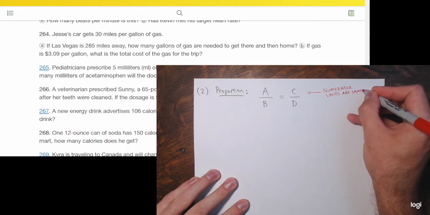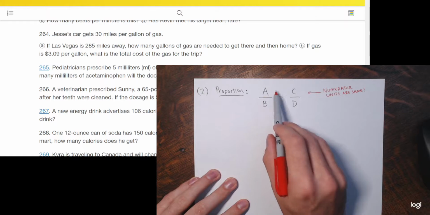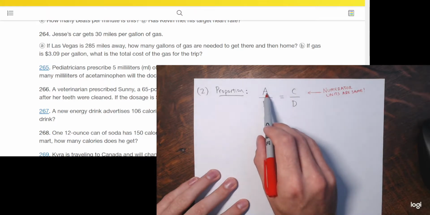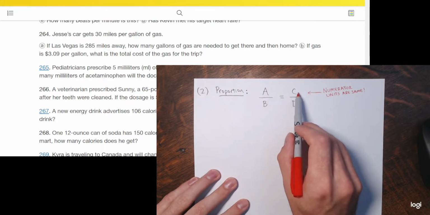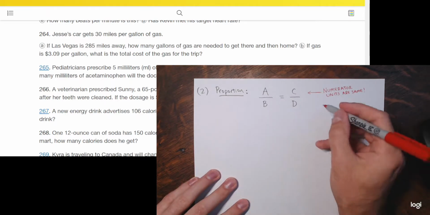What I mean by that is, if I have miles in the first numerator on the left fraction, I should have miles as the units on the right fraction. If I have gallons as the numerator units on the left, I should have gallons as the numerator units on the right. So make sure your units are consistent.